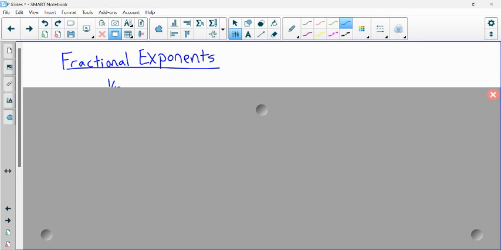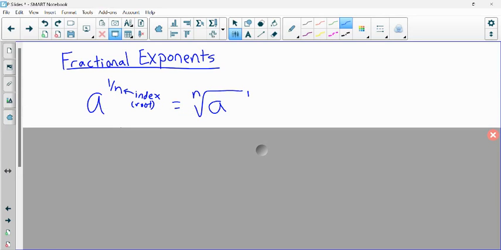Going to start off with just saying, all right, a to the 1 divided by n power is going to be equal to the nth root of a to the first. So ways you can remember this is the bottom of that fraction is our index or our root.